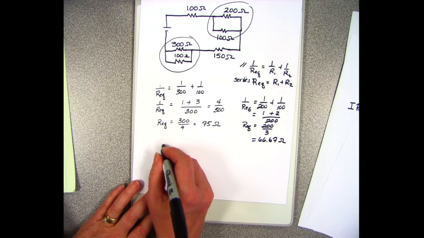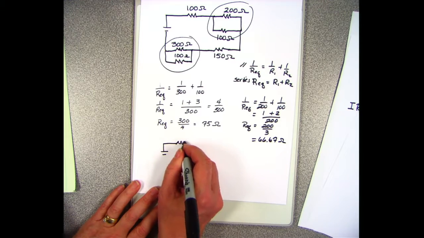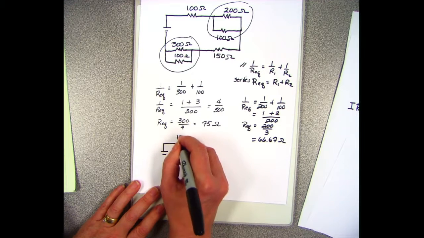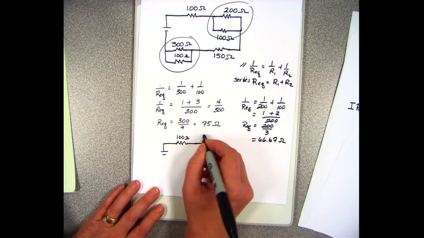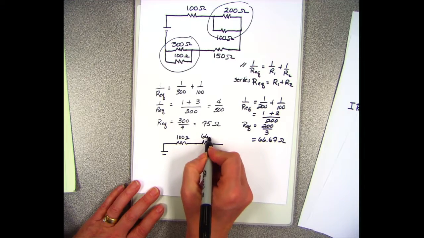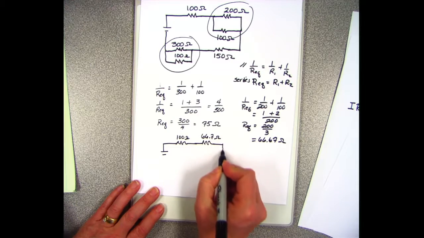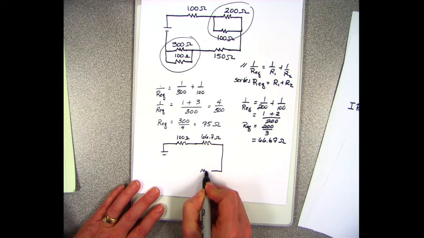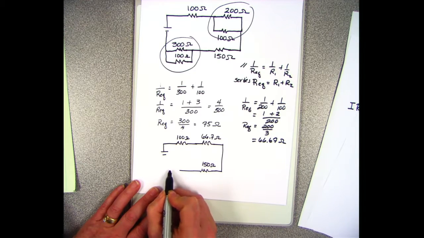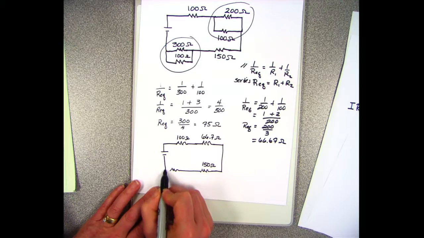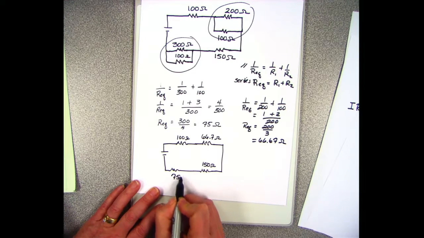So now I'm going to draw my circuit again to put these equivalent resistors in. This is still 100 ohms. This one is now 66.7 ohms. This one is still 150 ohms. This one is now 75 ohms.